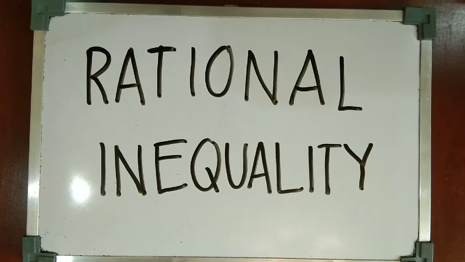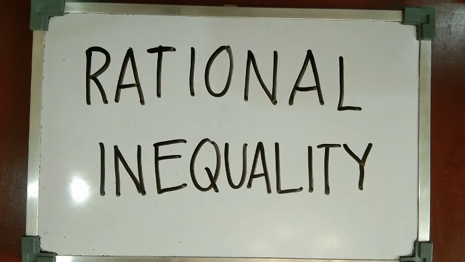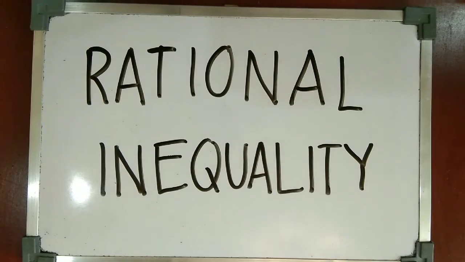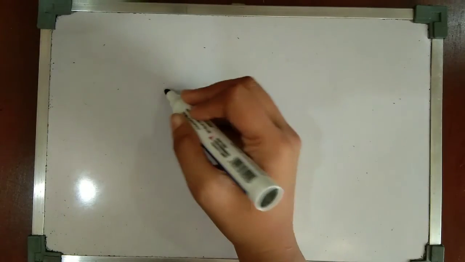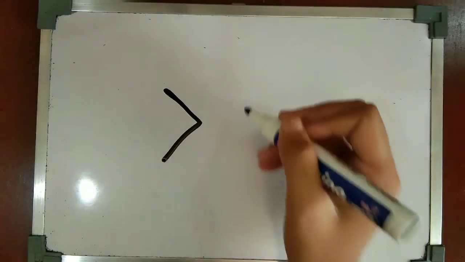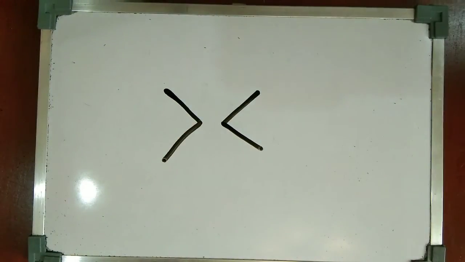As defined first, what is a rational inequality? It is a mathematical statement that relates a rational expression as either less than or greater than another.